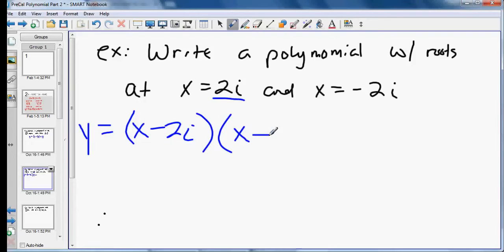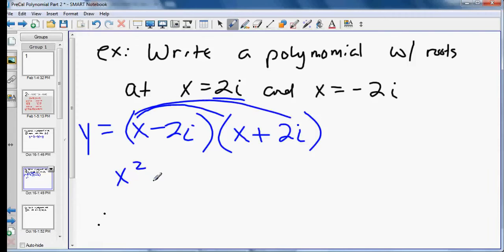Now these especially, it's not best to leave it this way. We need to go ahead and FOIL this out, because we don't typically write a polynomial with imaginary numbers inside. But if you watch what happens, when we FOIL, we get x squared plus 2ix minus 2ix, and then negative 2i times positive 2i.